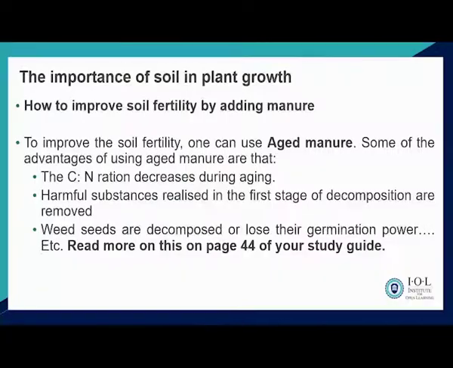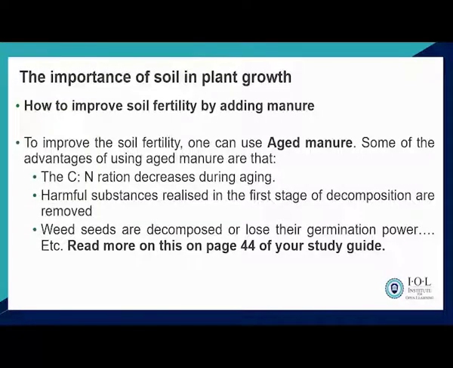Still on the topic of soil, how do we improve soil fertility? By adding manure. This is one of the traditional ways of improving soil fertility. One can use aged manure, and some of the advantages of using aged manure are that the carbon to nitrogen ratio decreases during aging, which can be beneficial for your plants, and harmful substances that are released in the first stage of decomposition are removed during the aging period.